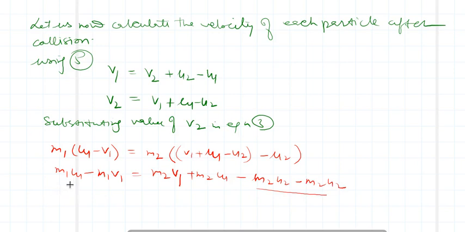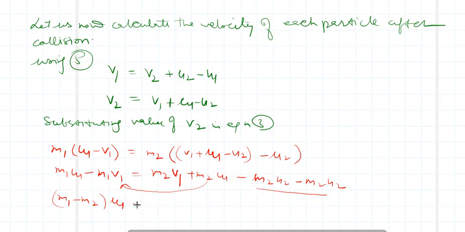So let us take this here. I can say that if I bring this towards this side, it is (M1 minus M2) U1, right?